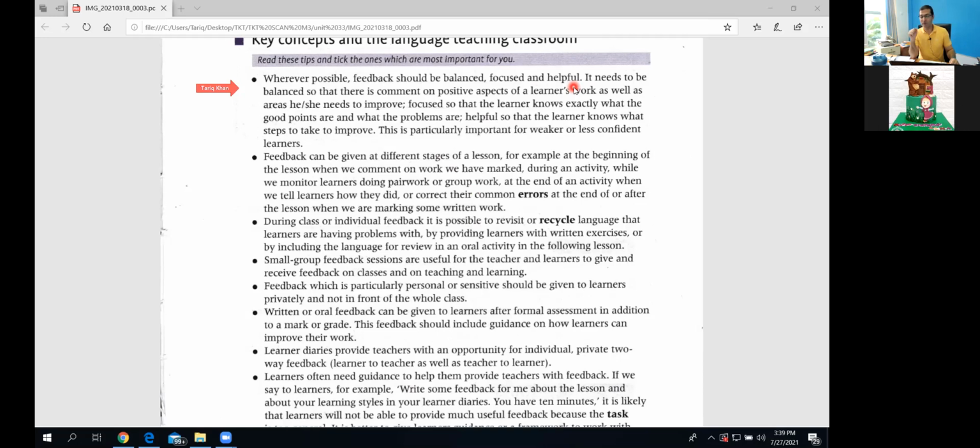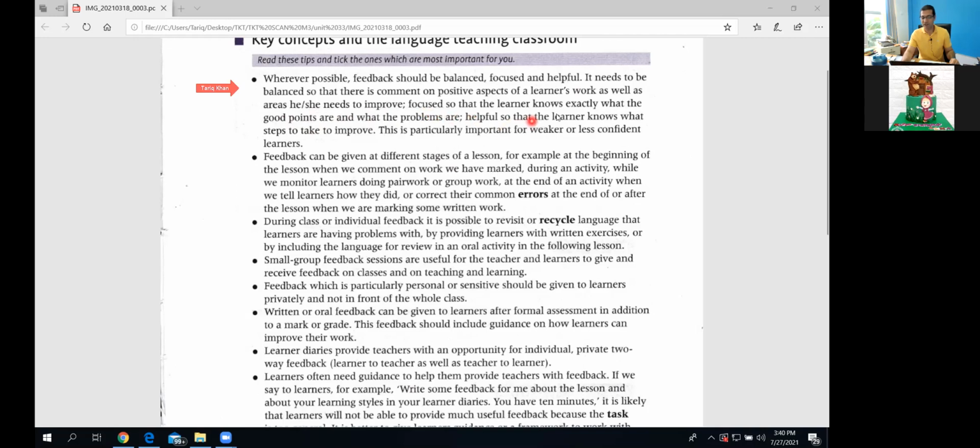And helpful. Moreover, feedback should help the student and motivate them to learn further and improve themselves, not discourage or demotivate them for what they have done. It needs to be balanced so that there is a comment on the positive aspects of the learner's work as well as areas she needs to improve.